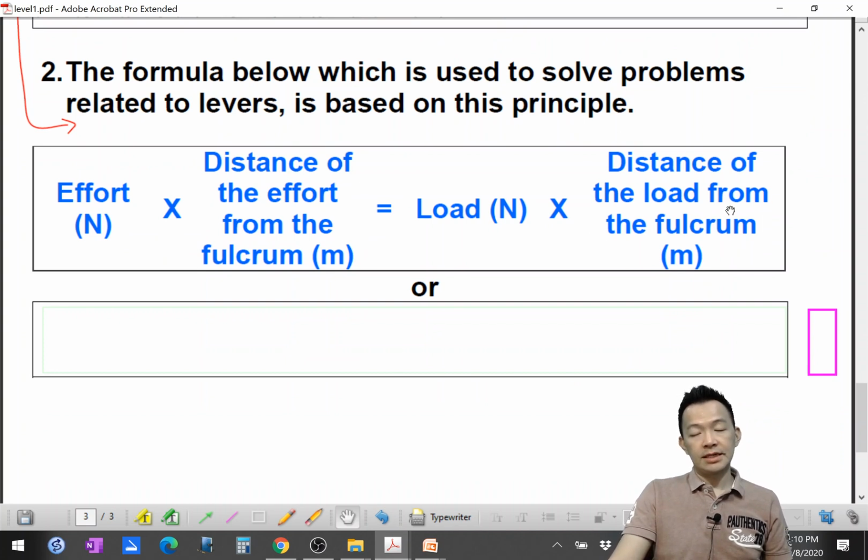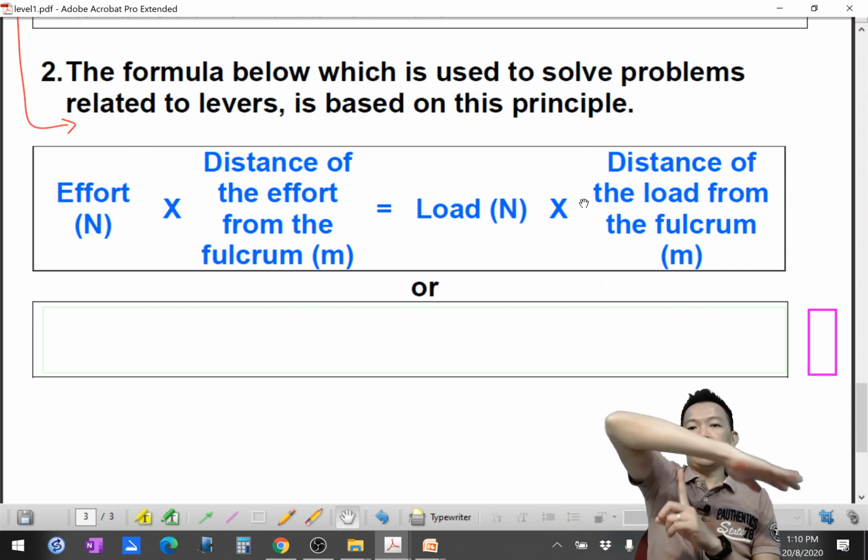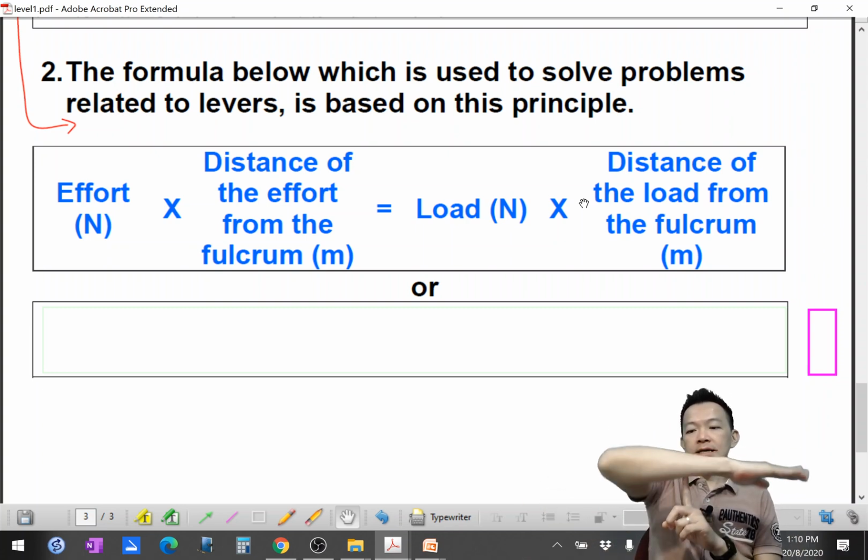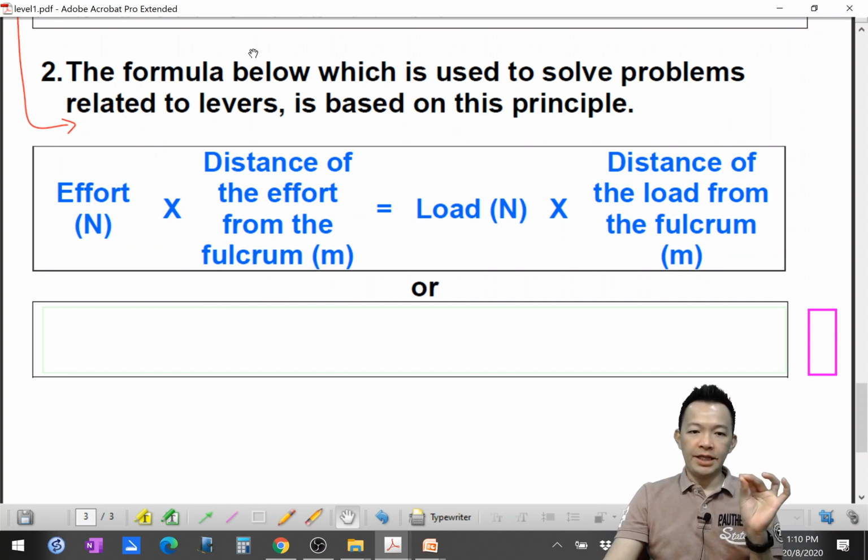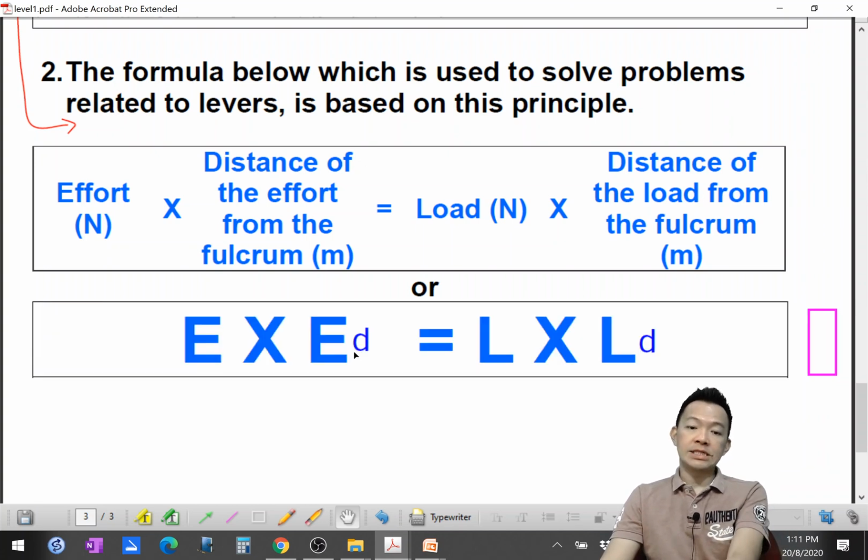And now I make it simpler: when the lever is in equilibrium, effort times effort distance equals load times load distance.